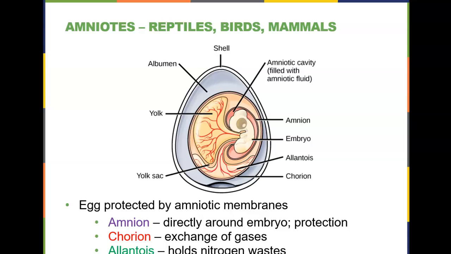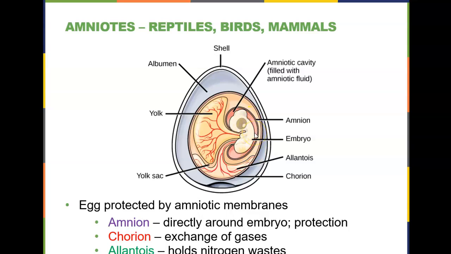All three of these classes utilize an amniotic system of membranes surrounding the embryo. Hence, they're called amniotes. If we take a look at this bird egg, you see that the embryo is encased first in a membrane called the amnion, which helps directly cushion and protect the embryo.